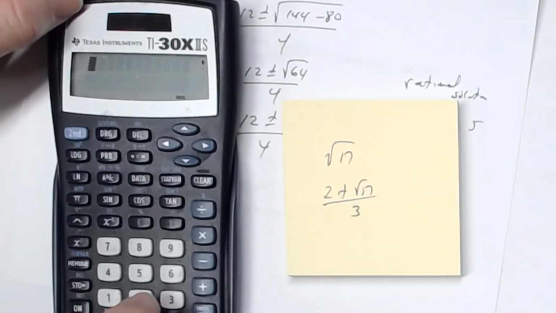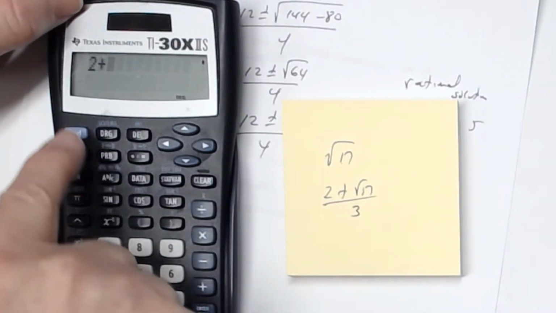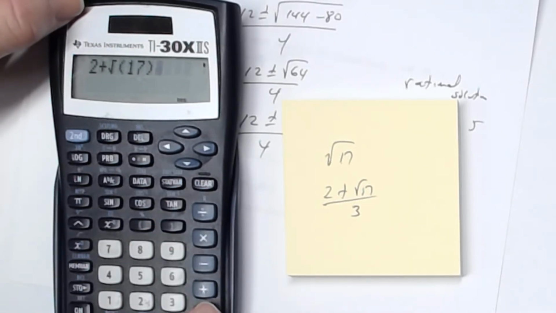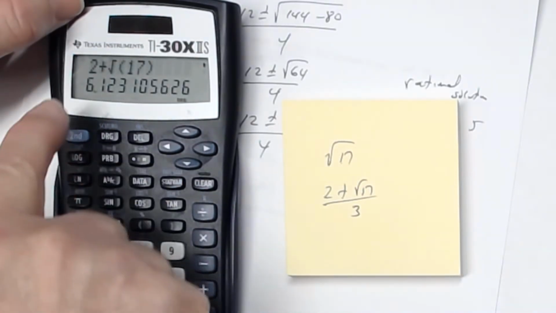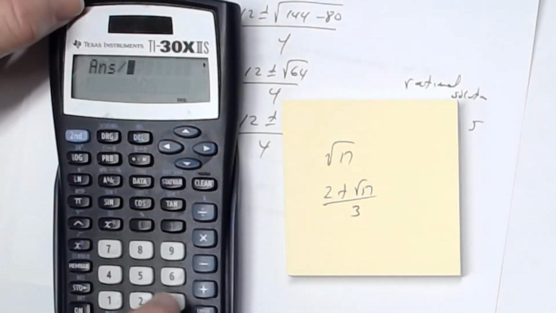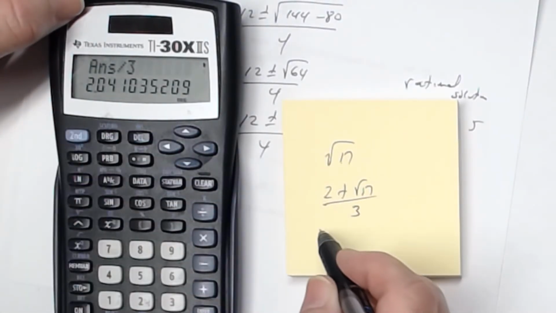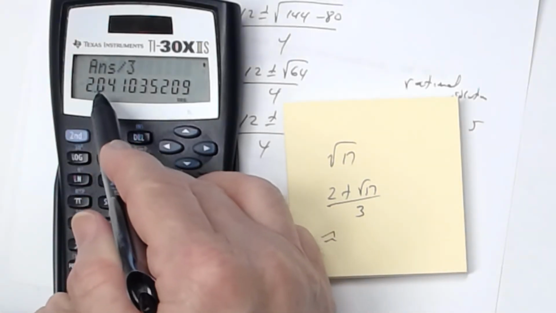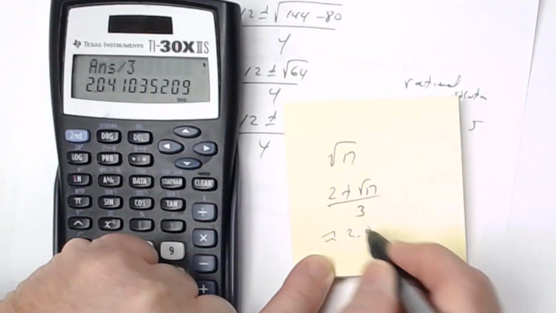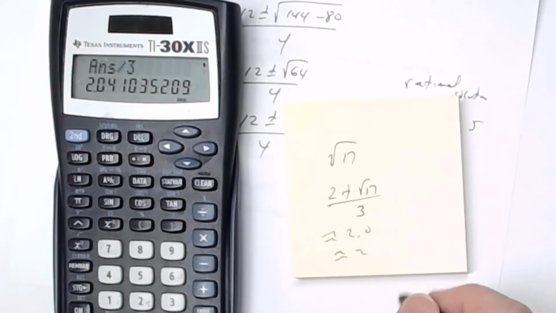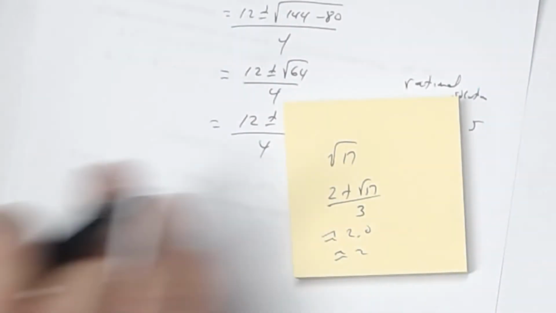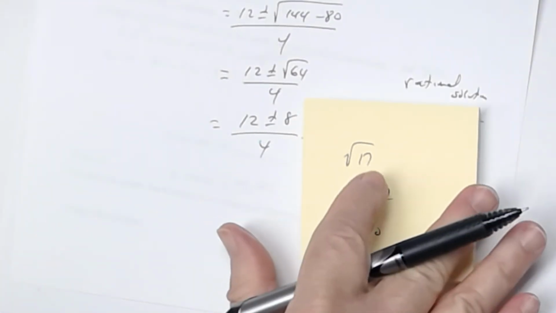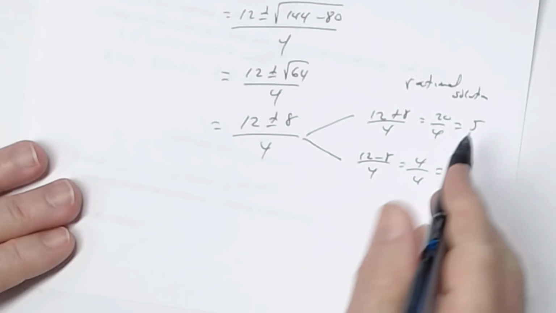You're going to say 2 plus the square root of 17, close the parentheses, press equal now because that's the numerator. So there's your numerator. Then divide by 3, and then that's going to be approximately equal to, to the nearest tenth, 2.0, which is 2, right? Okay. Now that's what you would do if you did end up with an irrational number, a square root. All right. So there's your 5 and 1.